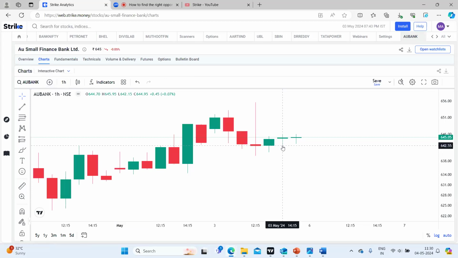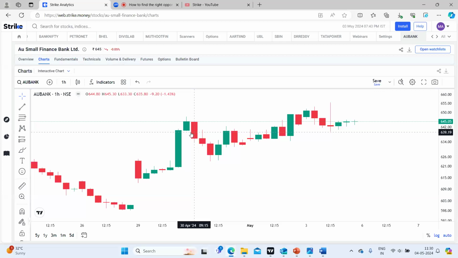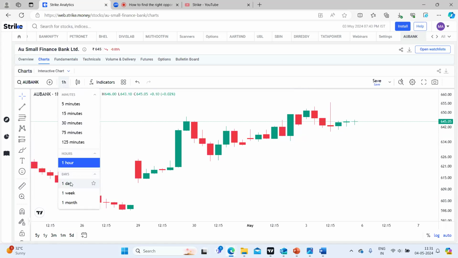There was short covering, and I moved in when it was about 650, and it moved a rupee or two, but there was short covering which kept happening. However, the prices kept on going down.